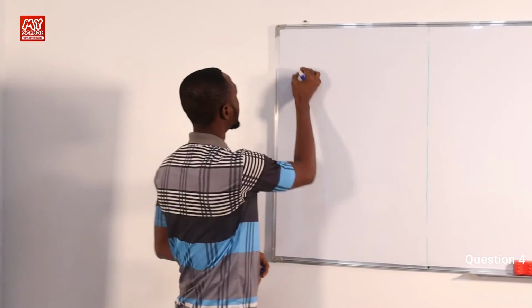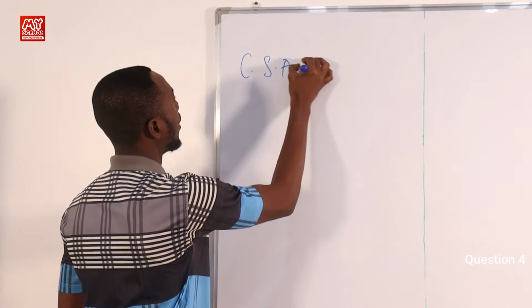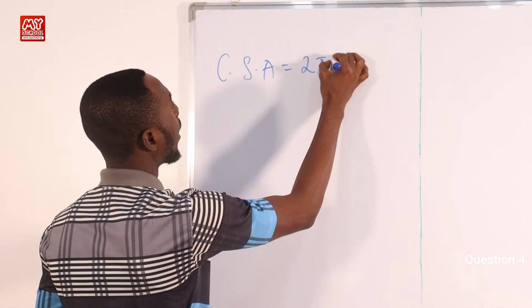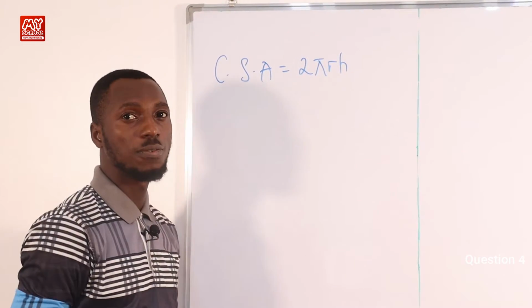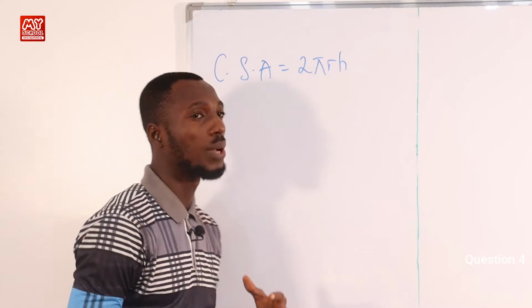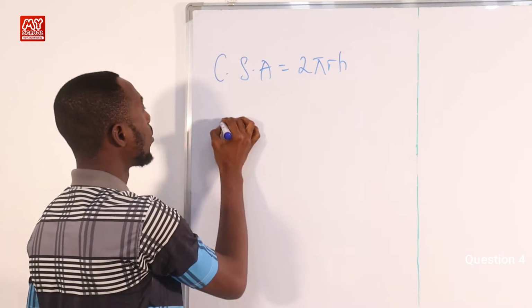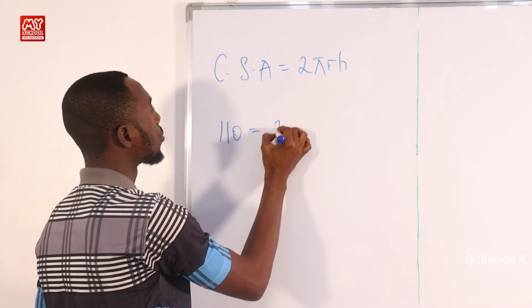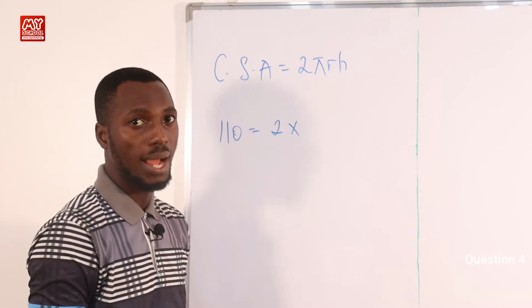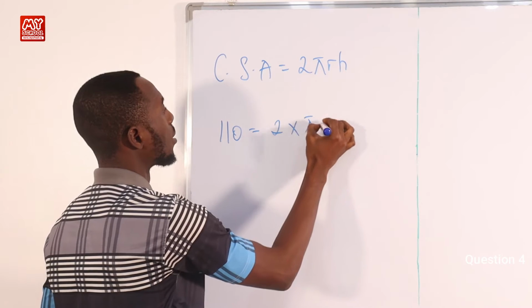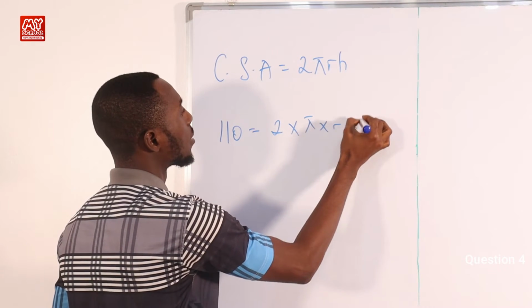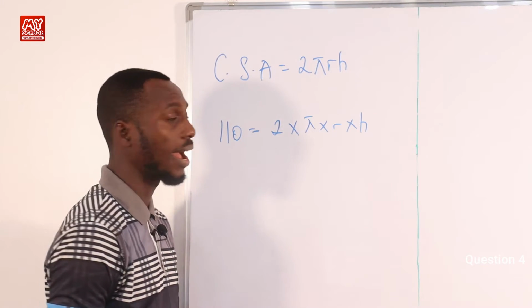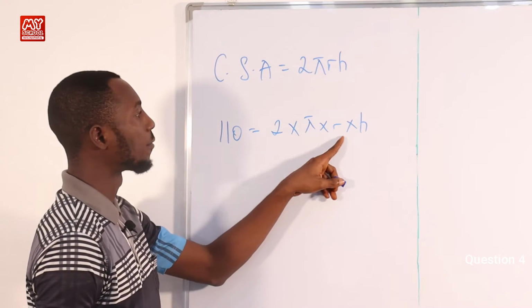I can shorten it as CSA, equals 2 pi r h. So we are required to find the radius. From the question, we are given the curved surface area as 110, equals 2 times pi times r times h, which is the height. So we are asked to find r.